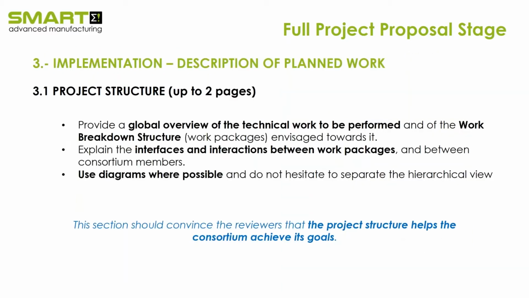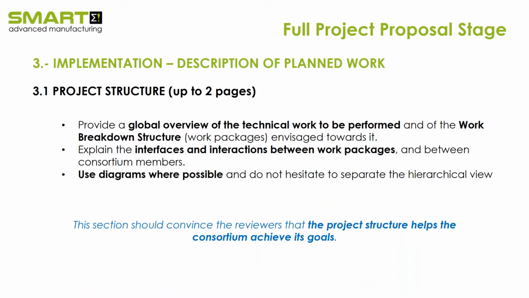And then, once the main objectives, impact, and what is expected in terms of KPIs have been identified in the previous section, comes the third section, which is the implementation. Here, the idea is to describe the work packages in the project. First is the project structure. Here we have the breakdown structure, the different work packages, and how these work packages interact with each other.